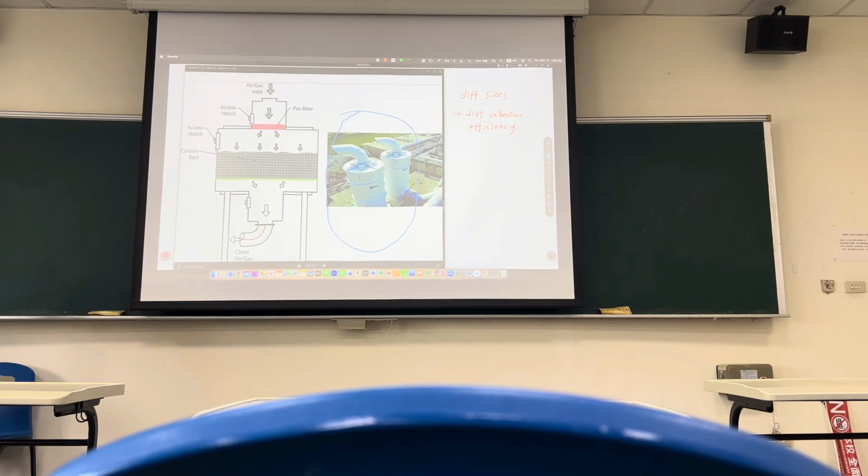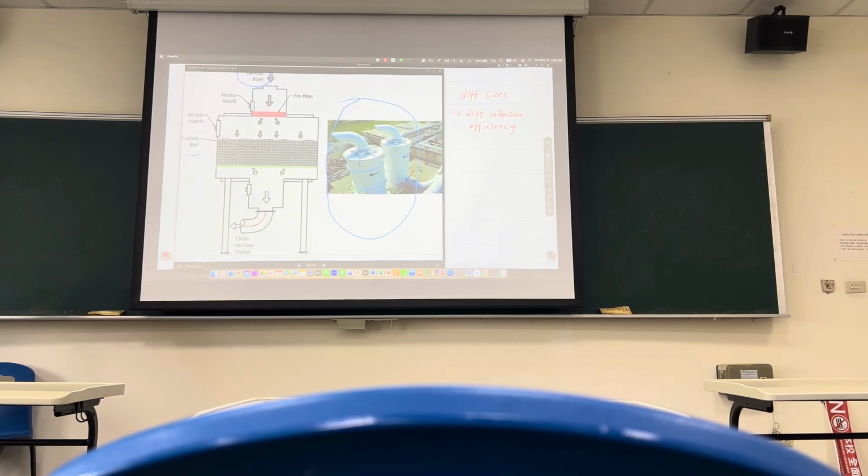So this is the dirty gas inlet, and you have a carbon bed here, and you collect the clean gas or clean air outlet here.